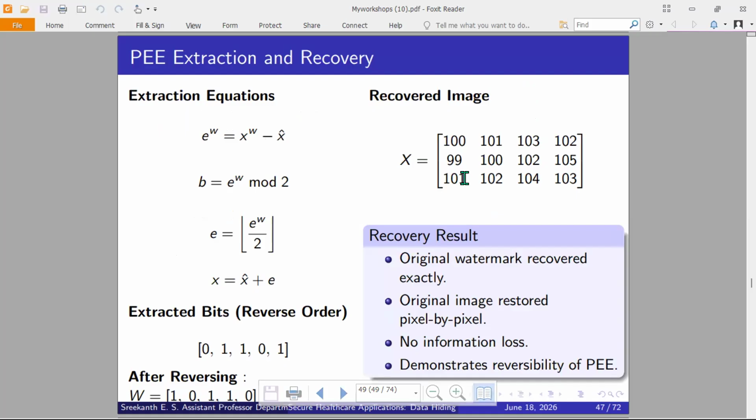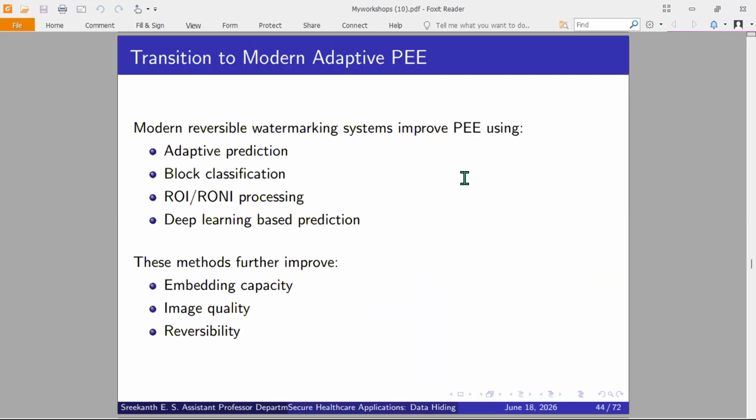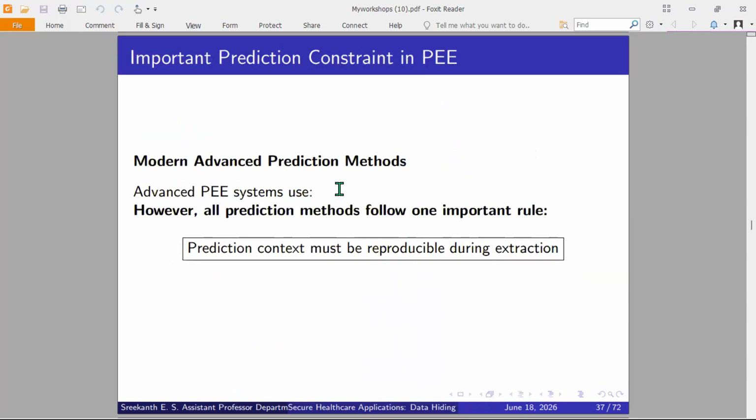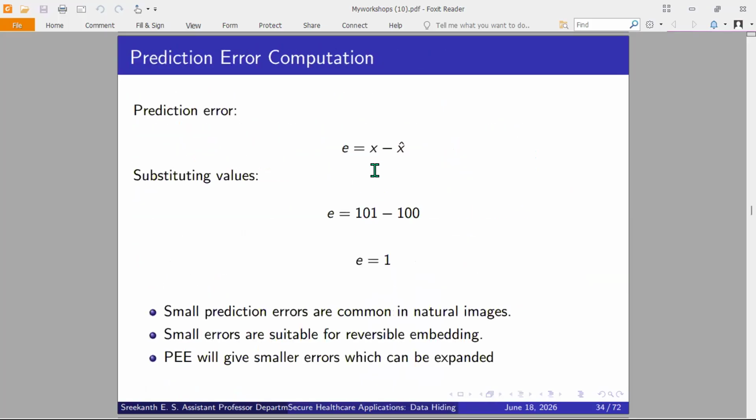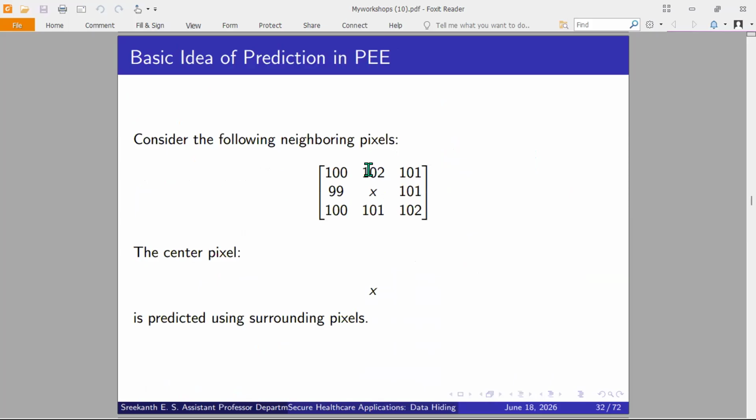This is an end-to-end example I added to give a thorough idea of prediction error expansion. So we need to process from backward. Suppose we are using these 3 pixels, we can predict this pixel and embed the watermark bit.